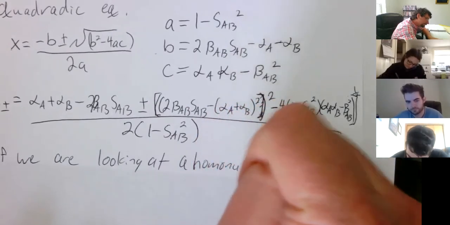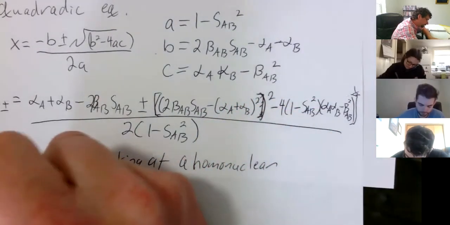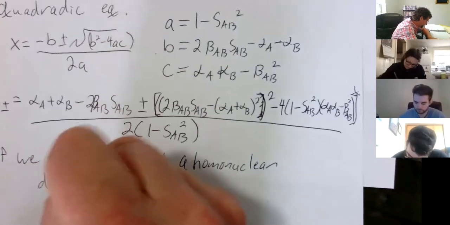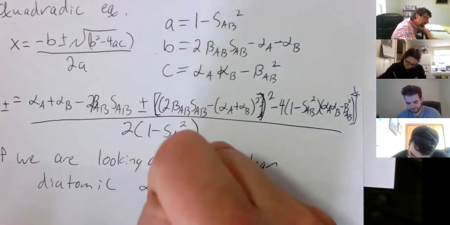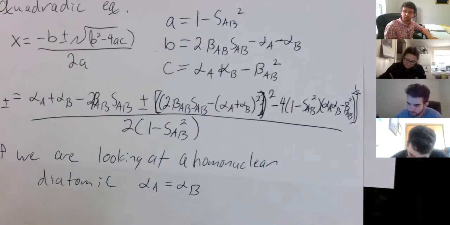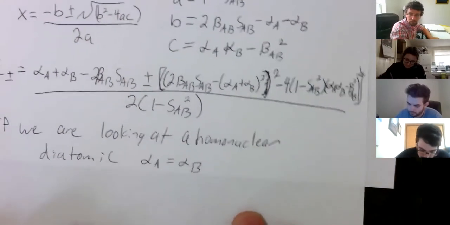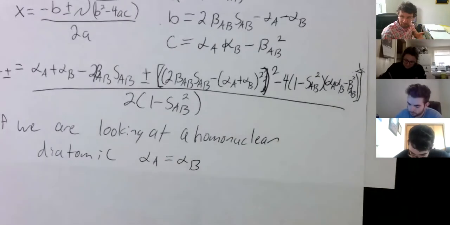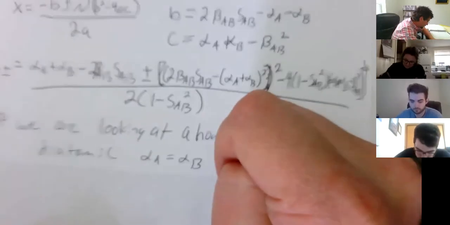Homonuclear. And alpha A is equal to alpha B, right? Because they should be the same. Alpha and beta should be the same.